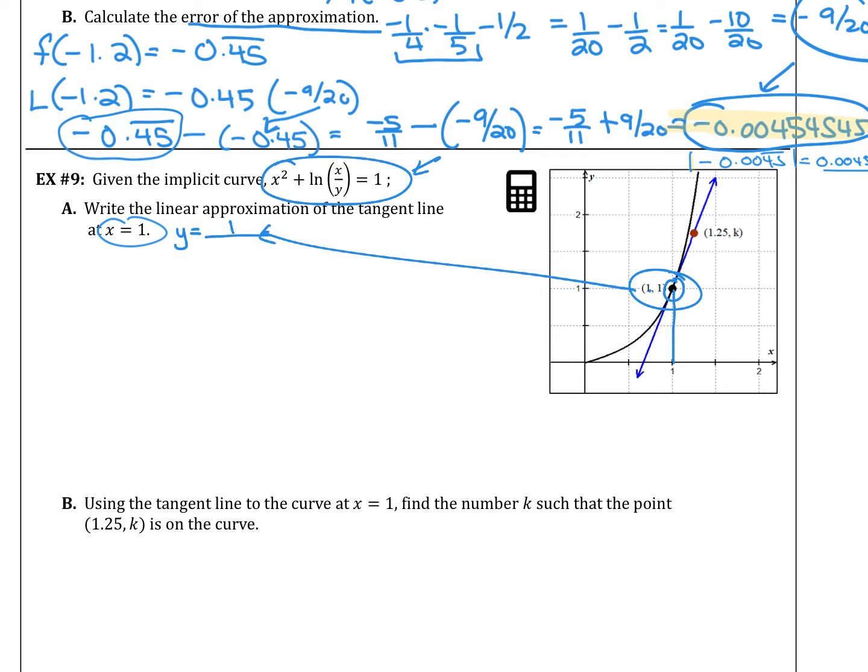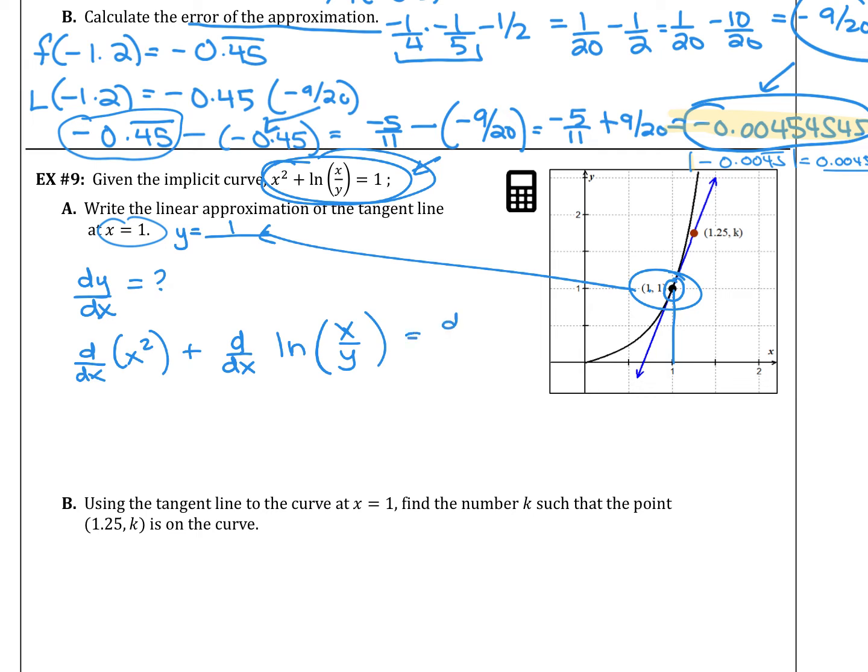We need to know what the derivative of this function is, or what dy over dx is. So I differentiate with respect to x: x squared plus ln of x over y, and differentiate with respect to x the constant 1. Here I get 2x to the first times dx over dx.